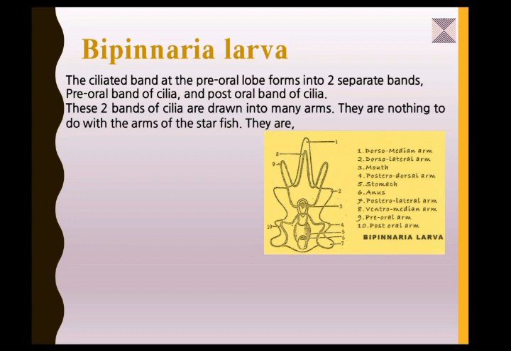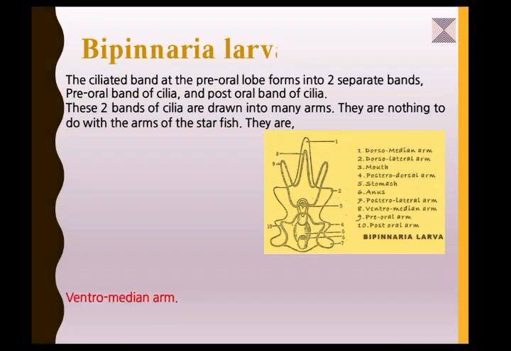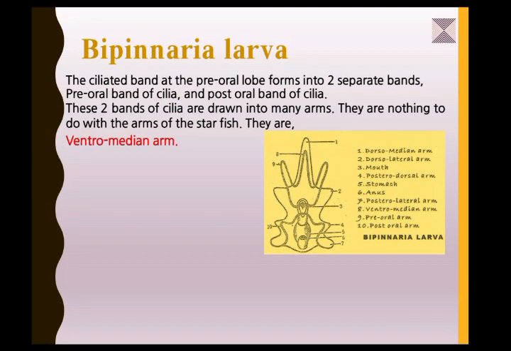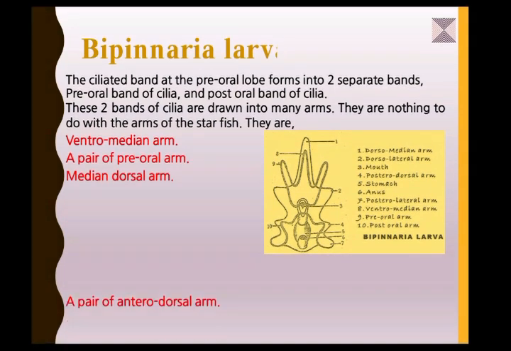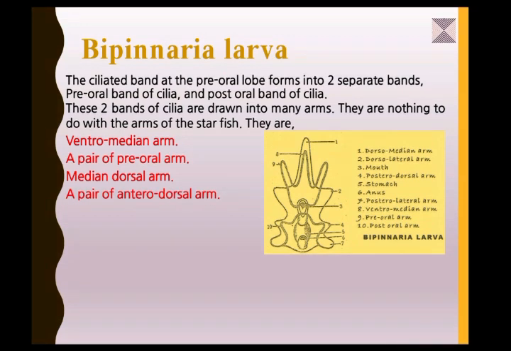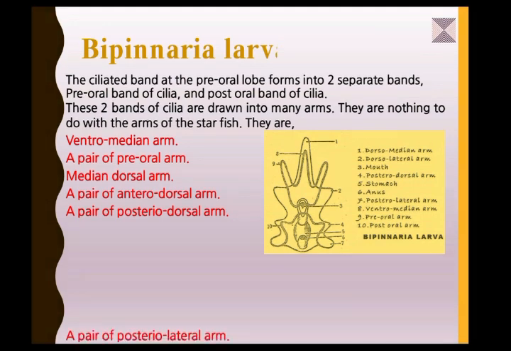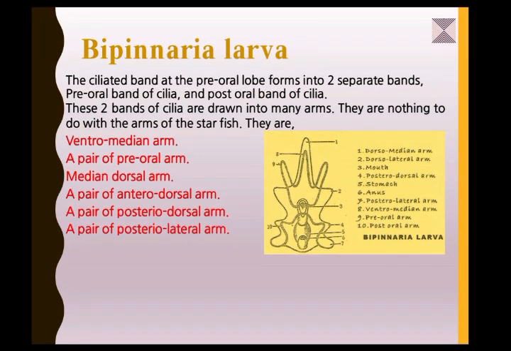If I go by these arms, these are the ventromedian arm, then a pair of preoral arms, the median dorsal arm, a pair of anterior dorsal arms, a pair of posterior dorsal arms, a pair of posterior lateral arms, and a pair of post-oral arms.